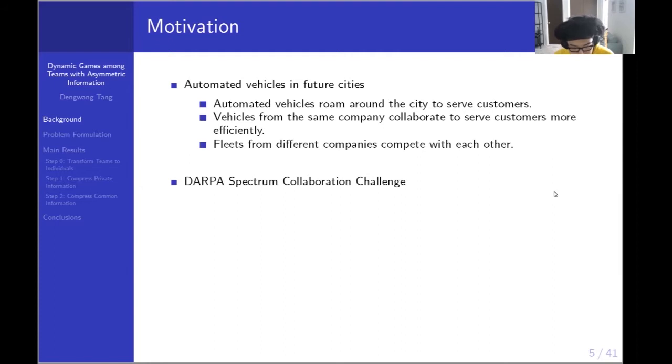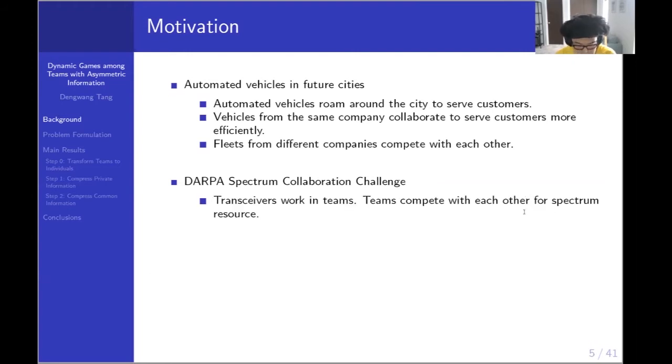Another application we have in mind and another motivation is the Spectrum Collaboration Challenge held by the Defense Advanced Research Projects Agency. This competition encouraged researchers to develop better strategies to utilize spectrum resource in order to deal with the scarcity of spectrum resource.